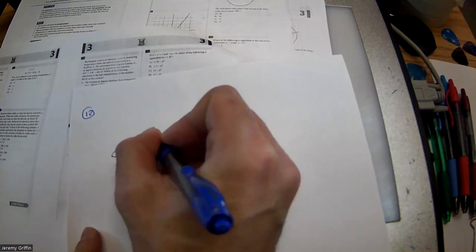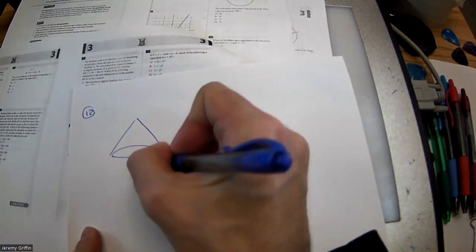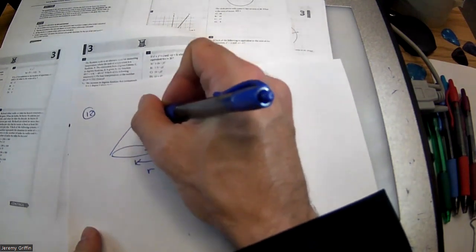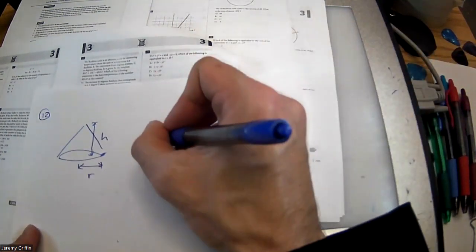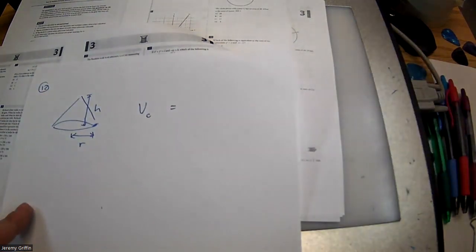So, let's see. Check this out. I'm going to draw this one all out. We got a cone that has some radial size r and some height h, and the volume of that cone is. You guys remember before we even started this, I pointed out to you guys table of values right here.